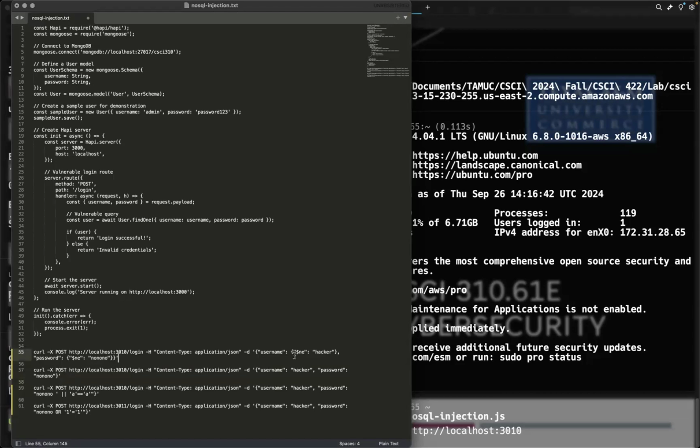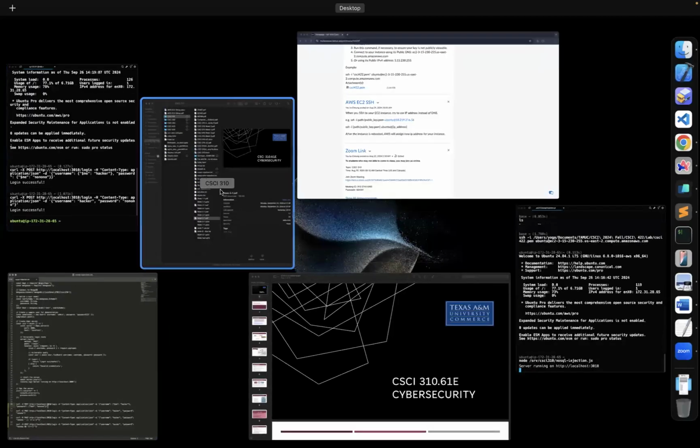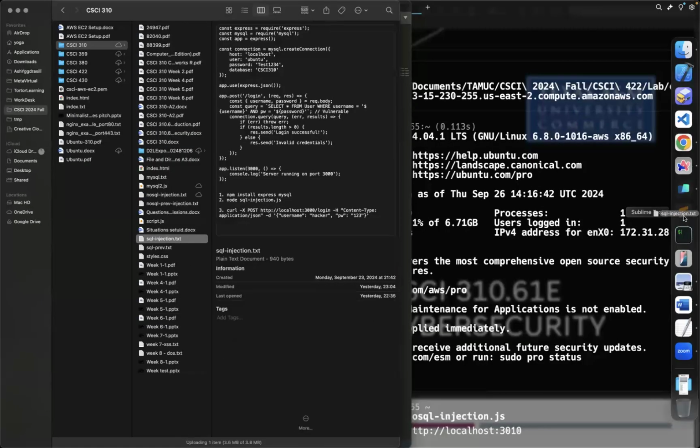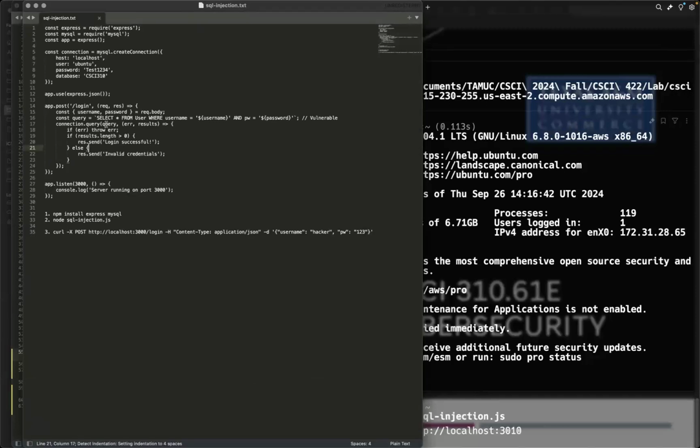So let it think, okay, I will not only accept this condition, but also, if we are using NoSQL or if we are using SQL injection, then we will have regular slash syntax.